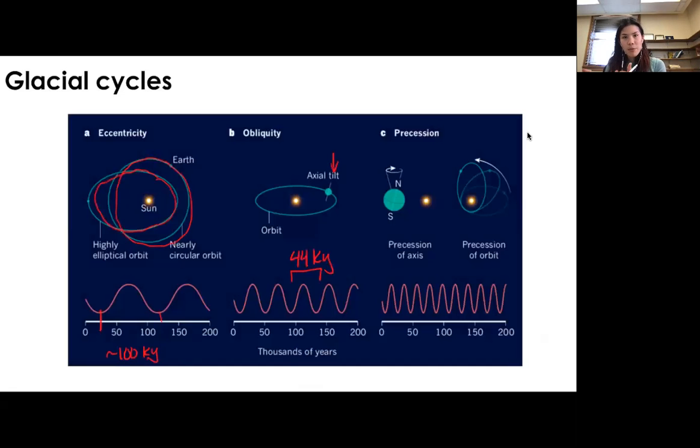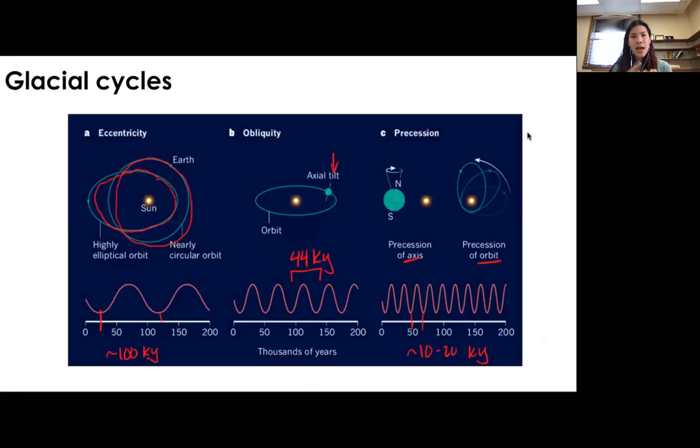And then finally, on top of that is the precession. That has to do with the wobble of both our axis and of our orbit around the sun. And that wobble occurs on a much shorter time scale of about 10 to 20,000 years.